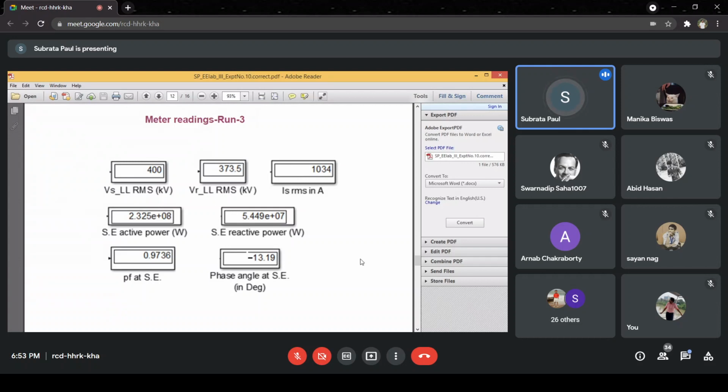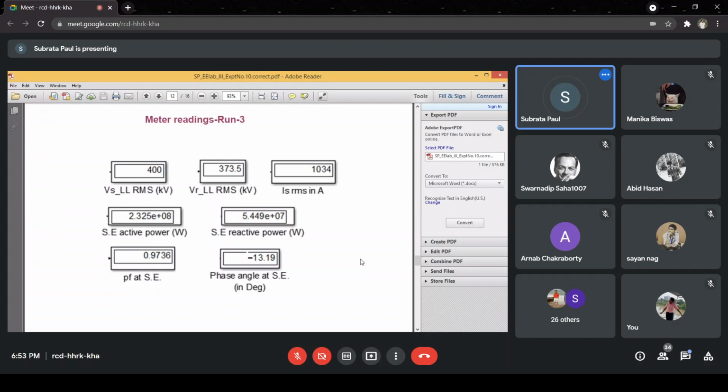The operating voltage of the line remains almost the same. This doesn't vary much. So the var generated by the shunt element of the line remains almost the same at different loading conditions of the line.